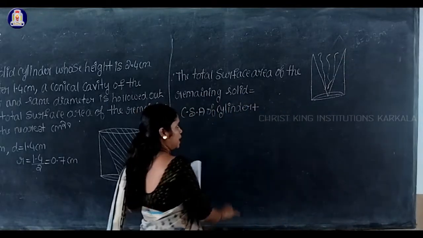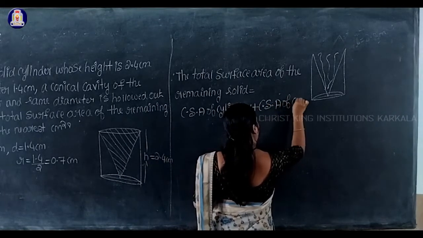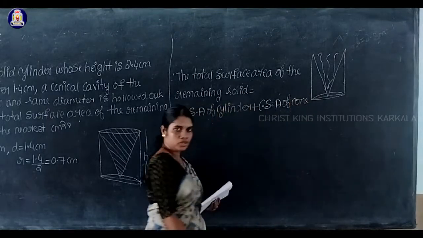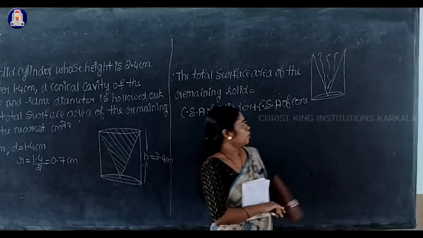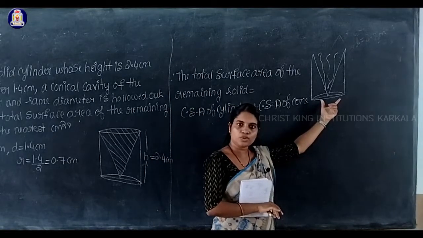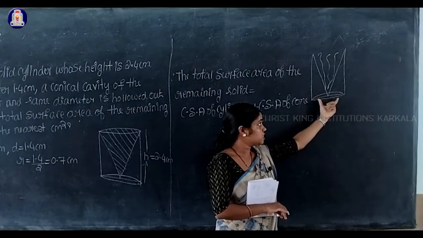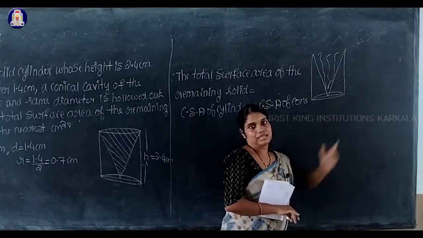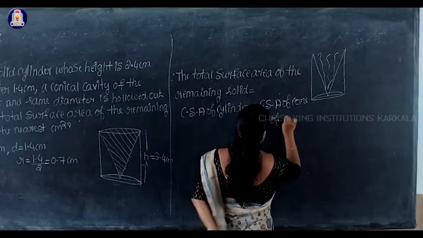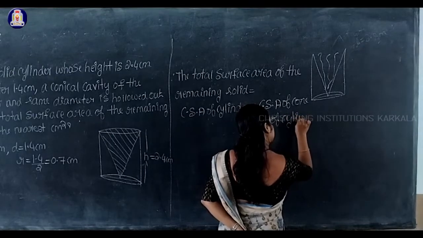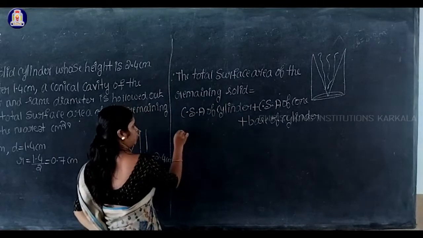So plus CSA of cone, plus what about this base? I did not count this base. This is also counted. So plus base of cylinder. Okay, so now I'll take the formula.